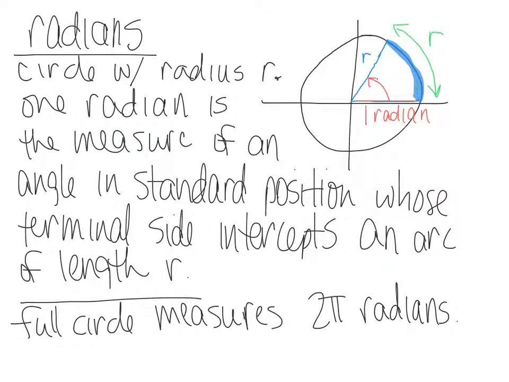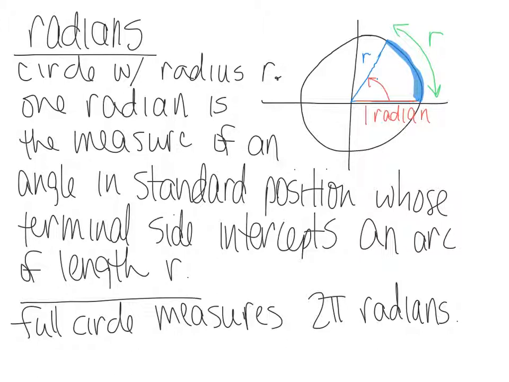Okay, we're moving on into radians. So I have a circle on a coordinate plane with a radius of r. 1 radian is the measure of an angle in standard position whose terminal side intercepts an arc of length r.